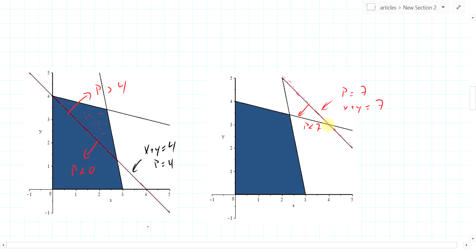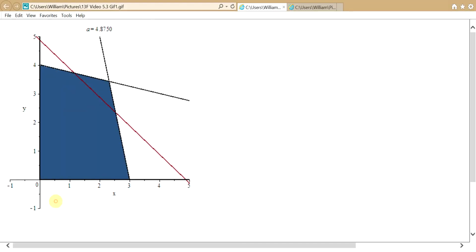So, these are parallel. If I increase the profit from 4 to 7, what happens to this line? Well, getting bigger means moving it up this way. So let's see if this works. There. So here it is. We start at p equals 4, and it moves up to 7.